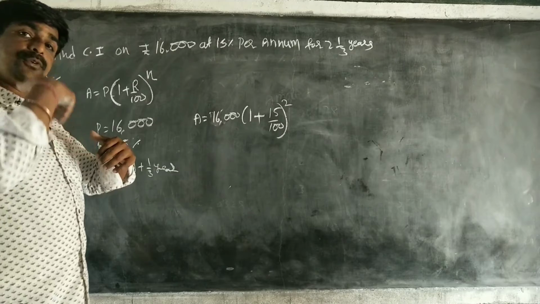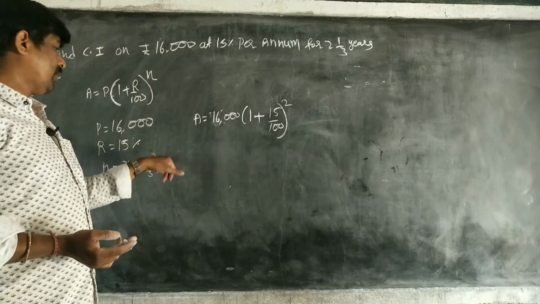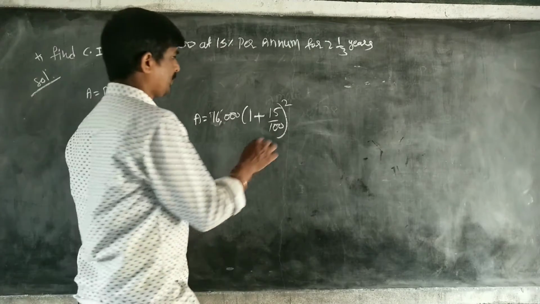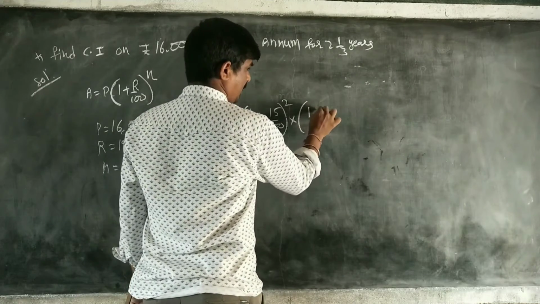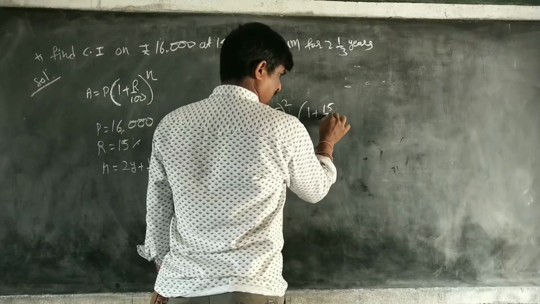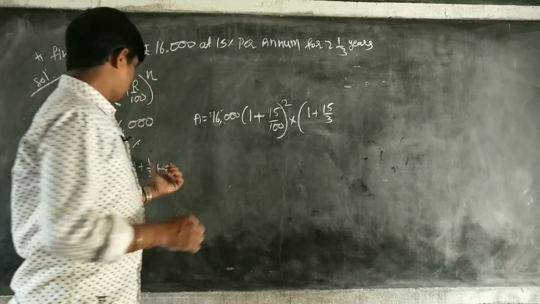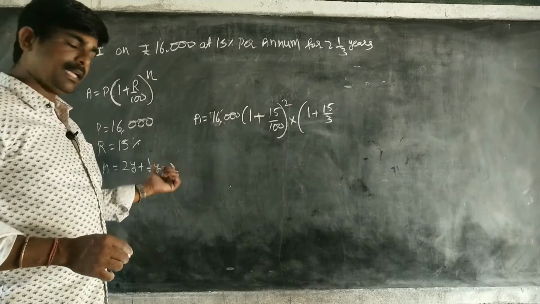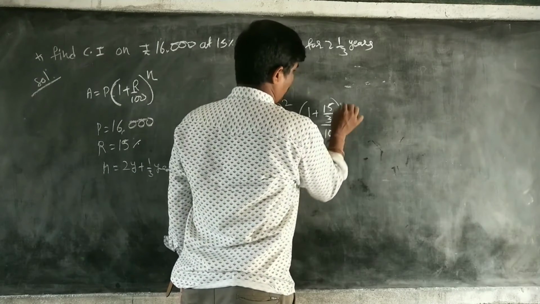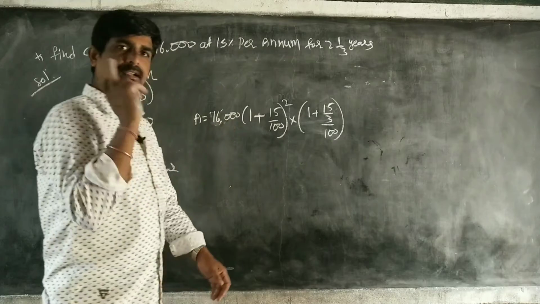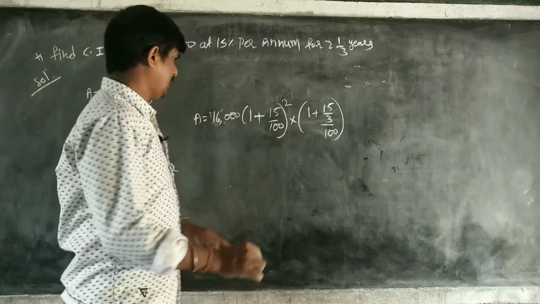After completion of 2 cycles, then again you have 1/3 years. Into 1 plus 15/3 by 100, whole power nothing, because we are taking it one time only.